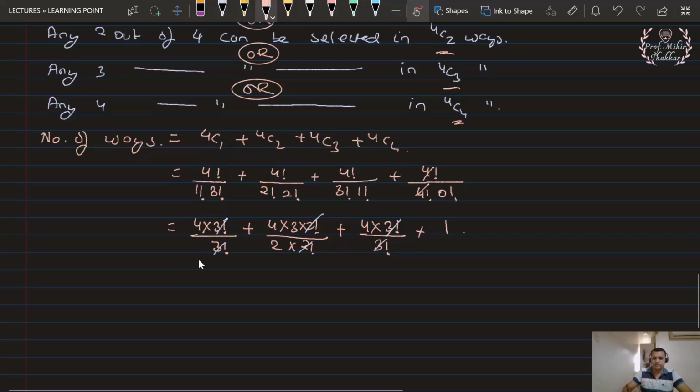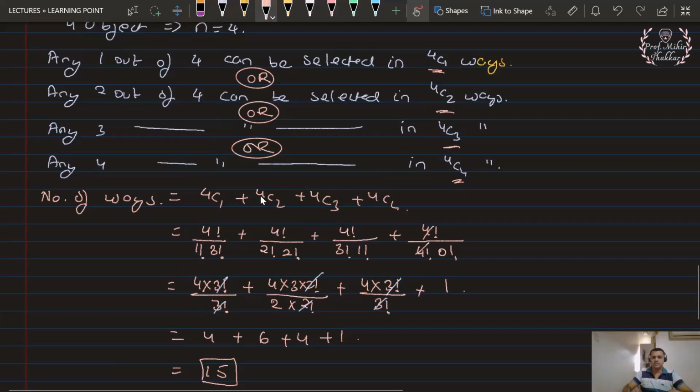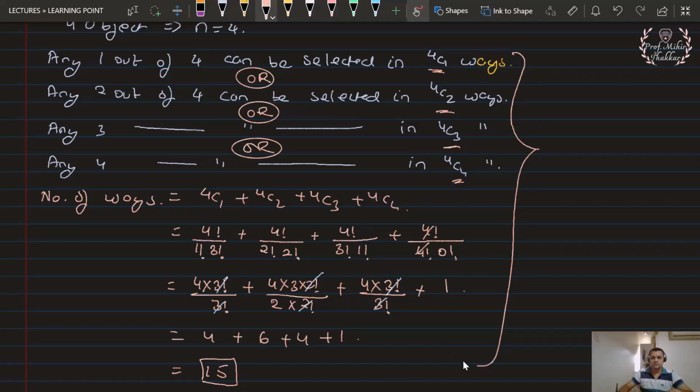We are left with 4 plus 6 plus 4 plus 1. So what do you get? 6 plus 4 is 10, 10 plus 4 is 14, 14 plus 1 is 15, so I get the answer as 15 directly. So this is the actual method of solving the given condition.